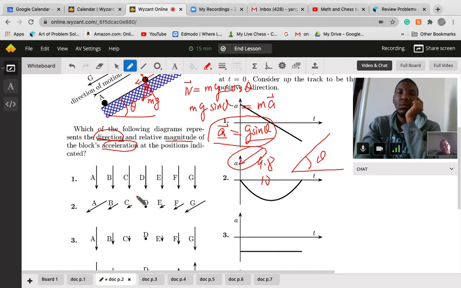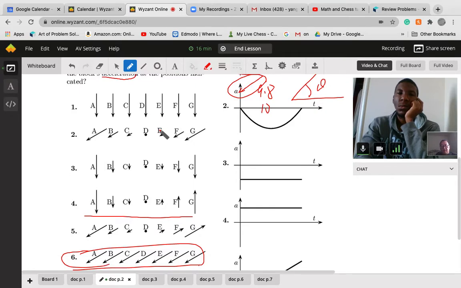If relative, when the block goes up, gravity relative to the travel direction is opposite, so you can consider that negative. When they go down, the direction is the same.